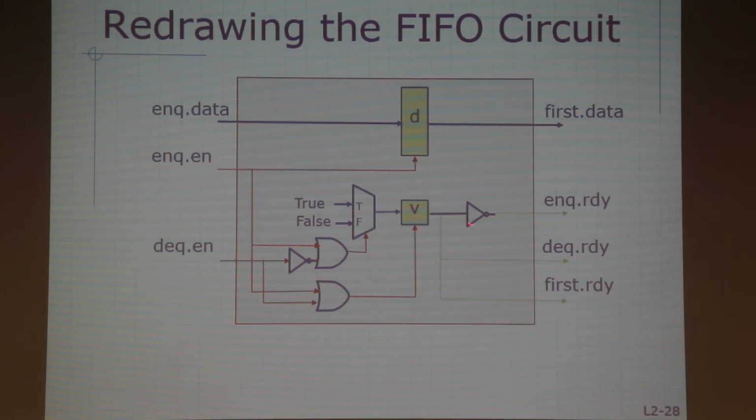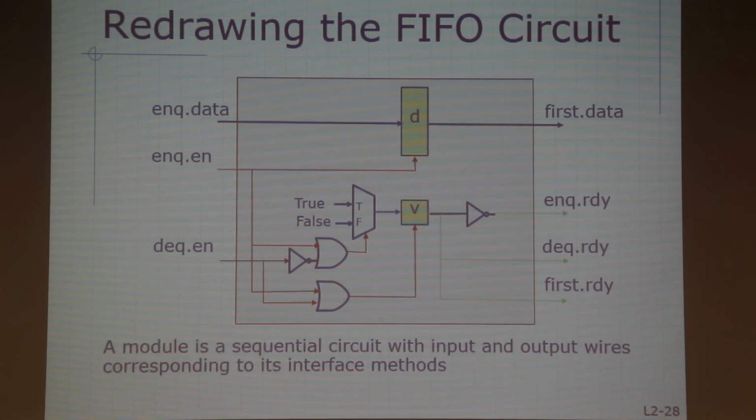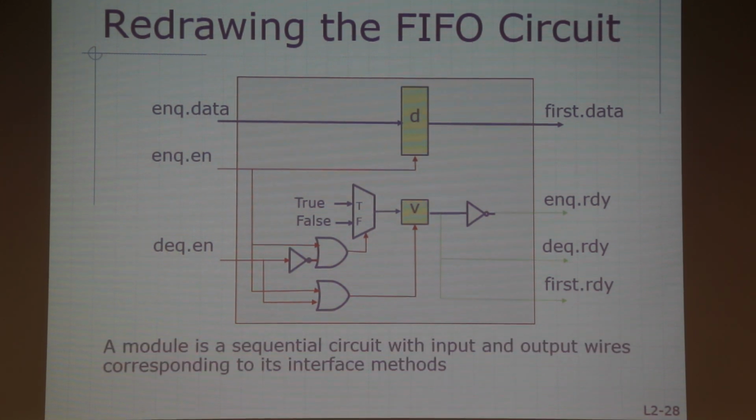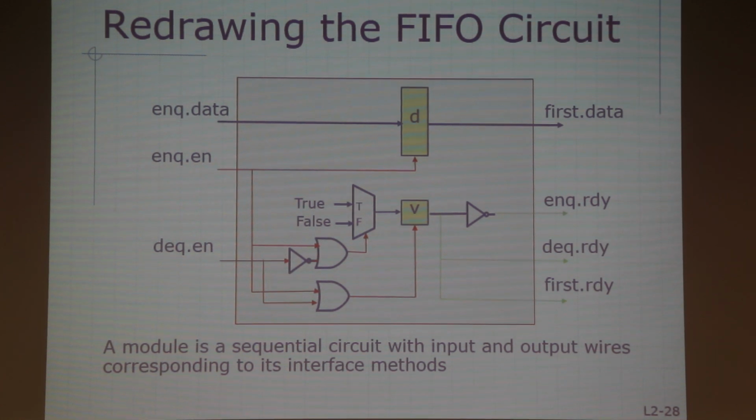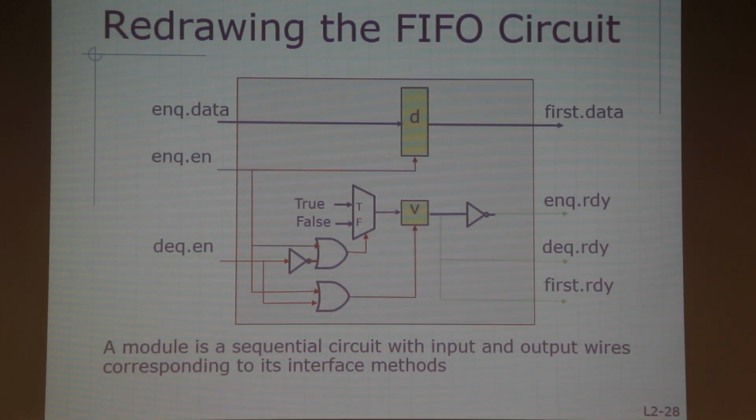And it has to supply the ready signal for each method. A module is a sequential circuit with input and output wires corresponding to its interface methods. I could have drawn all these wires for you without looking at the implementation of the FIFO, because I know what input wires go in and what output wires come out just based on the interface.